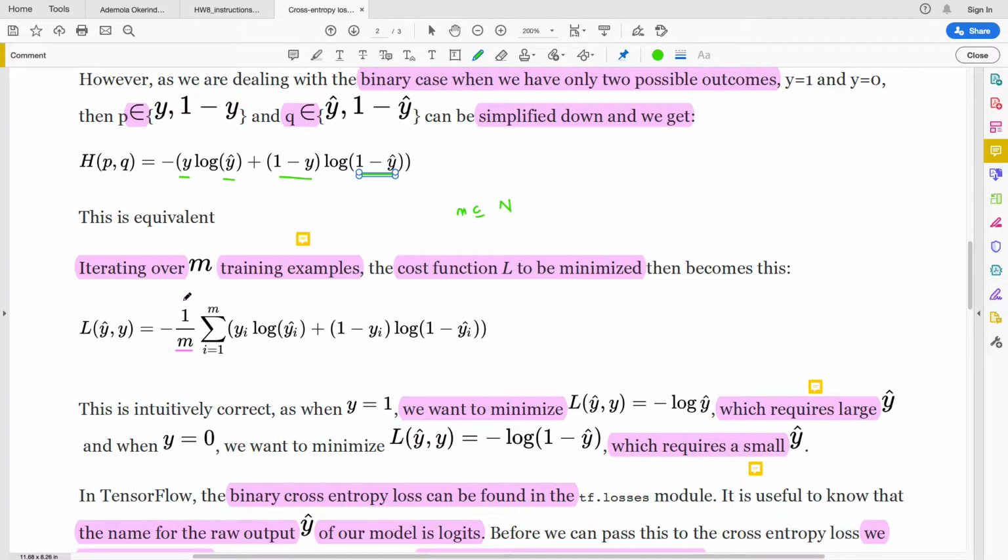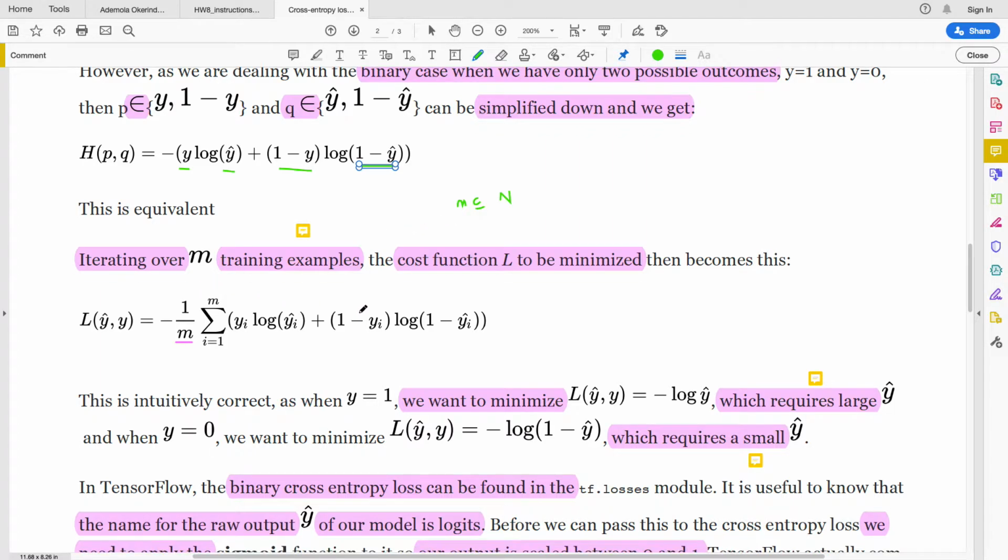Now what's happening here is this. When you take your training batch, which is M, you compute the loss for each training example in your M, and after you have computed all their losses, you add up all the losses and divide by M, that is, average. So that's what this M is doing.